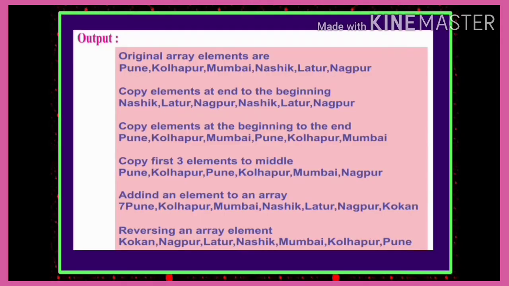You will get the output having the first element as 7. It displays the length of the array. The previous length is 6. Now the current length is 7 because it adds the Konkan element to the original list, where the previous elements are Pune, Konkan, Mumbai, Nashik, Latur, and Nagpur, and the new element is Konkan, which is added at the last position.